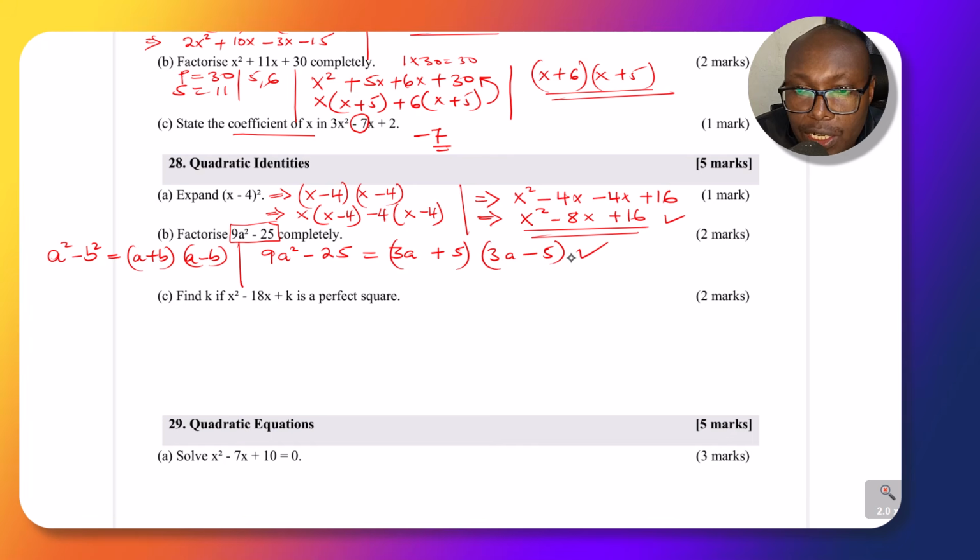It's as simple as that. So we've applied the knowledge on the difference of two squares. This is one square, a square of 3a, and this is a square of 5. That is what has helped us arrive at this.